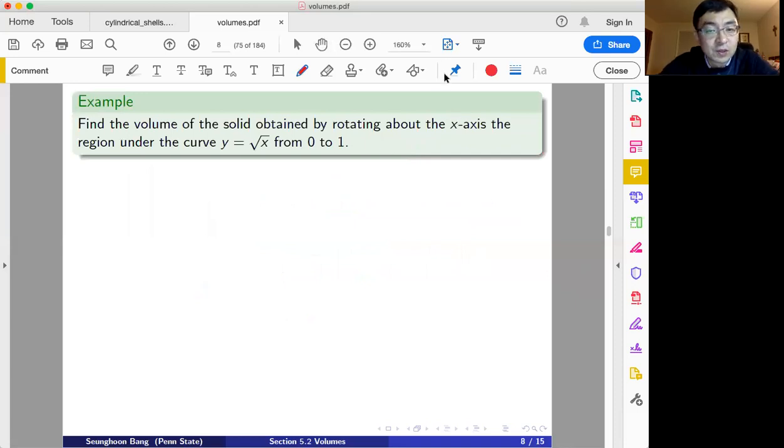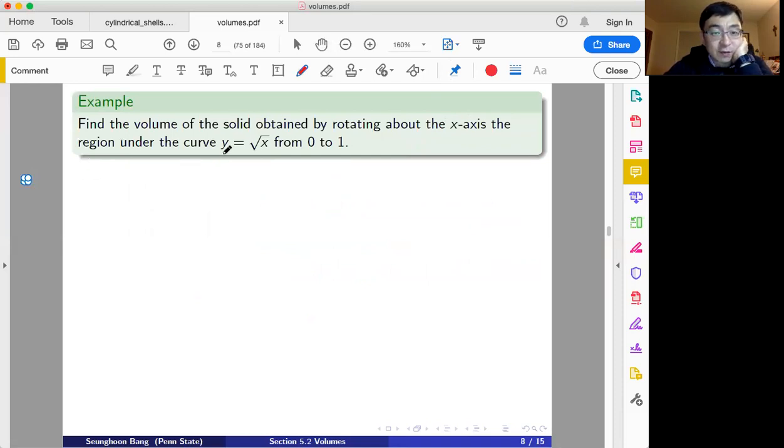Find the volume of a solid obtained by rotating about the x-axis the region under the curve y equals square root of x from 0 to 1. So what's that? Here, this is the idea. So we have the same.